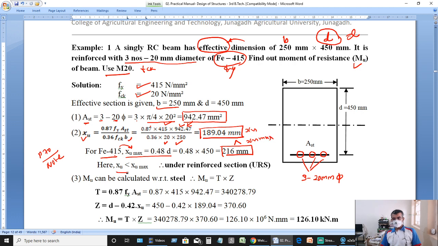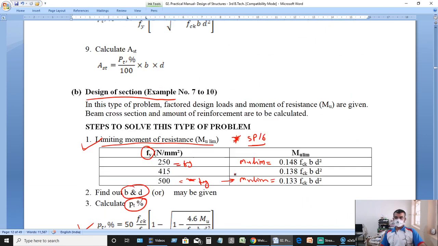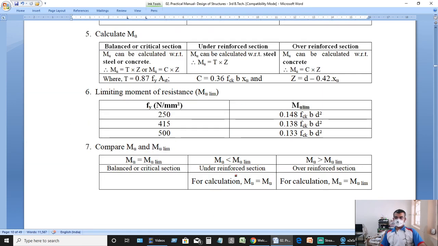So whenever your XU is less than XU max, your section is called an under reinforced section, and when it is an under reinforced section, you put Mu is equal to T into Z. See here, in the steps we have seen everything.